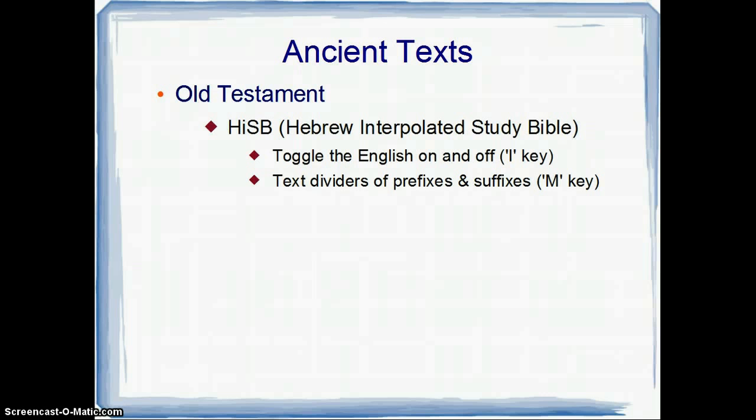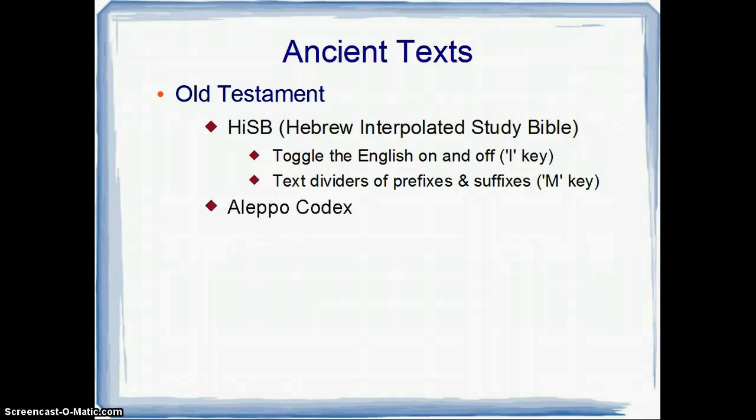However, they're attached right directly to the word, and sometimes you may have a trouble, unless you really know Hebrew, distinguishing what is a prefix and what is the actual word. Well, the M key allows you to see the prefixes and suffixes of those words by placing a dot right in the middle of it. So it's great help if you don't know Hebrew.